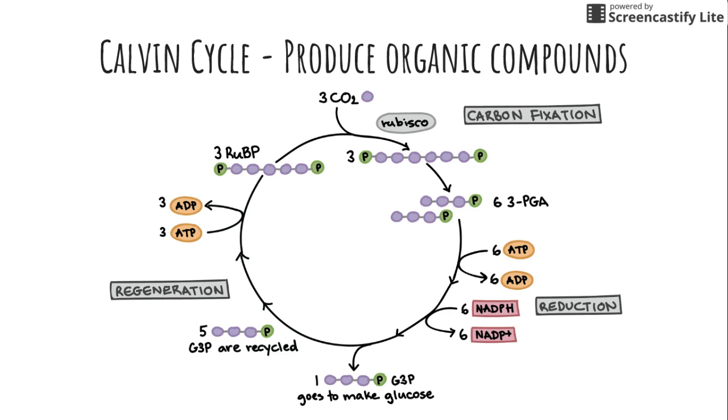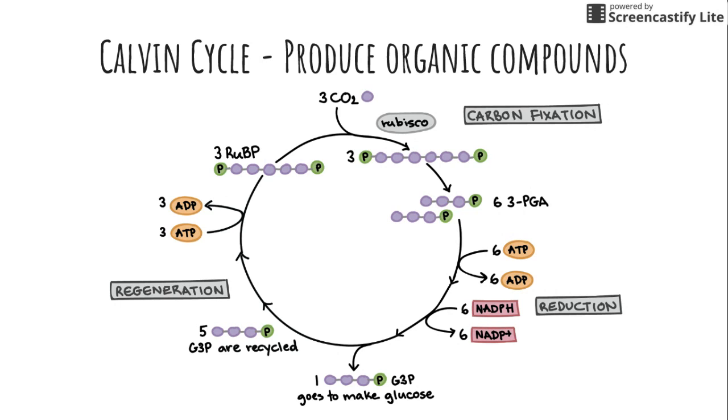So the first step is that CO2 diffuses into the stroma from the cytosol, then combines with a 5-carbon molecule called RuBP to make a 6-carbon molecule, but that's rather unstable. So almost immediately they split into 3-carbon molecules called 3-PGA.